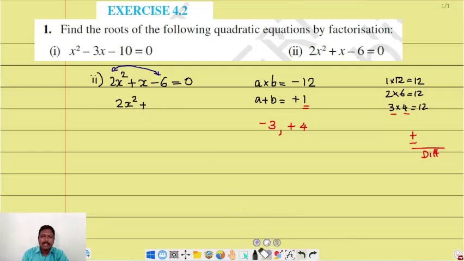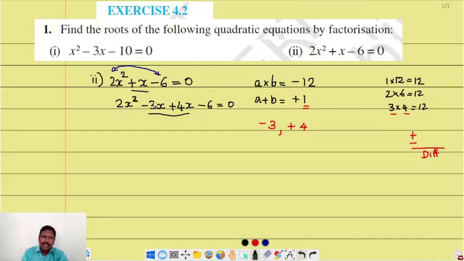Instead of this plus x, that is plus 1x, we have to substitute and split the middle term using minus 3x plus 4x. Now see here the middle term. So the middle term split like this, so 2x squared minus 3x plus 4x minus 6 is equal to 0. Only the middle term we changed.